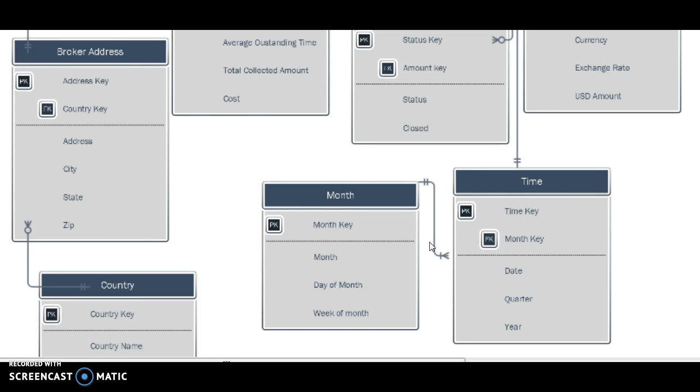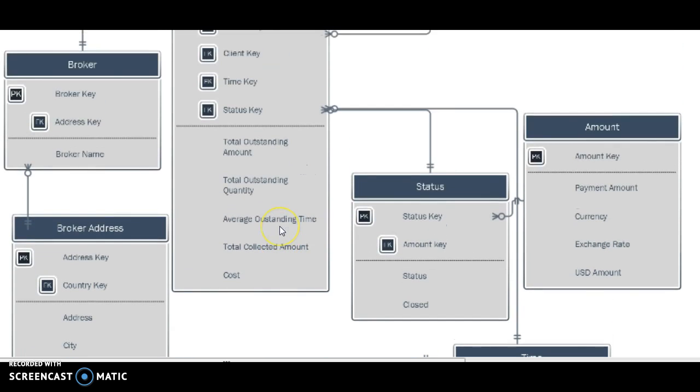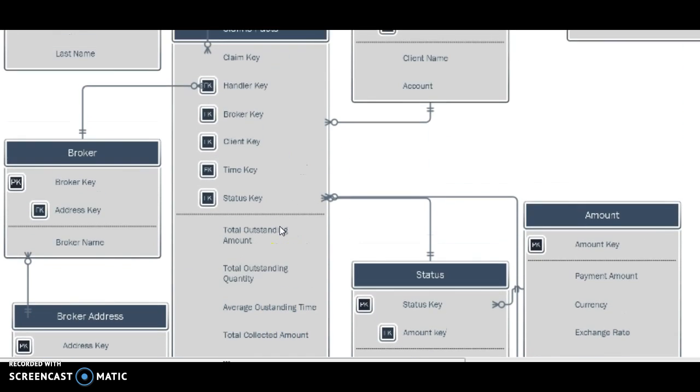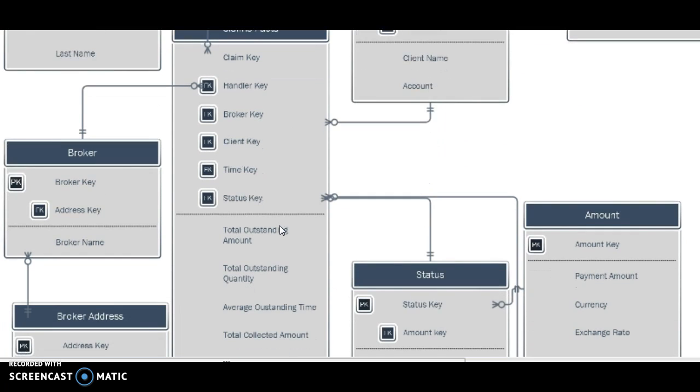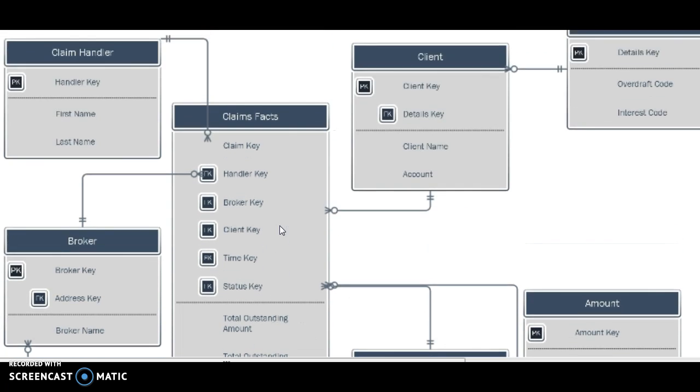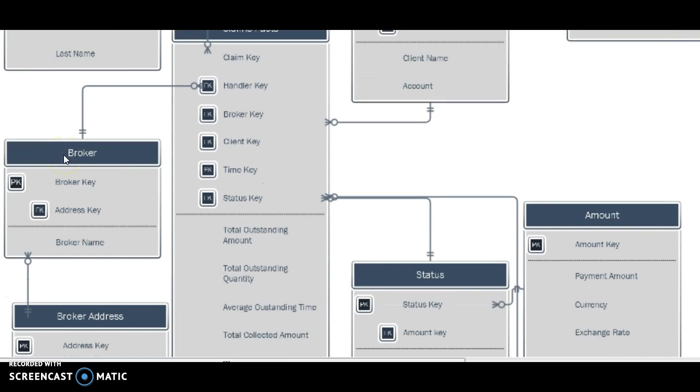So now we have our own month table that will provide us more information specifically on what's happening with the claims on a monthly basis. But overall, it's stuck to the same information, but we added a few details that will help us in our analysis of these claims.